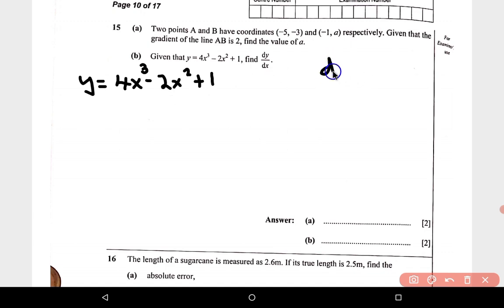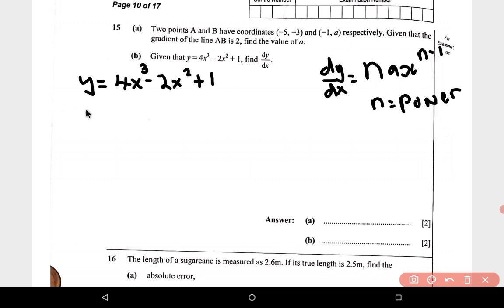So we read dy/dx as the derivative of y with respect to x, given by the formula a n x^(n-1), just this formula here, where n represents the power of x, a is the coefficient.